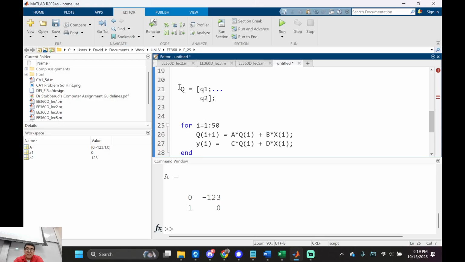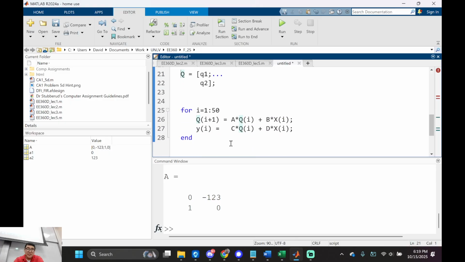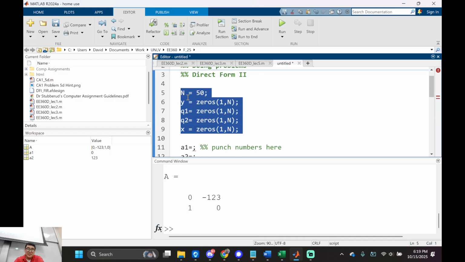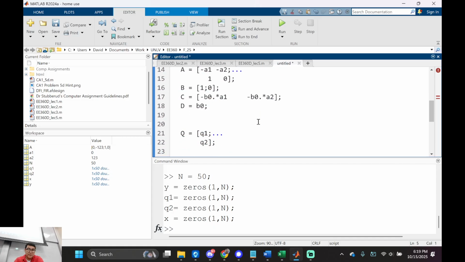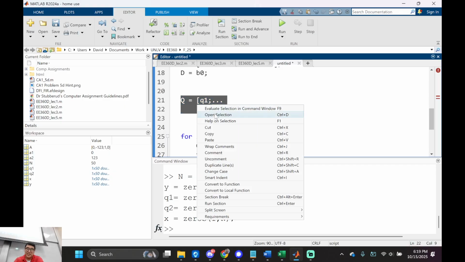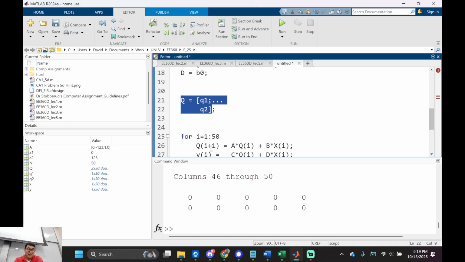So let's see. What if I did the following? I'm going to run these. F9. Okay. So I have Q1, Q2. I wonder if you can do this. I don't know if this is possible. Let me just see. F9. Oh, it worked.